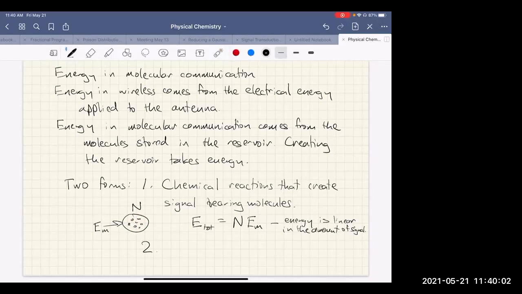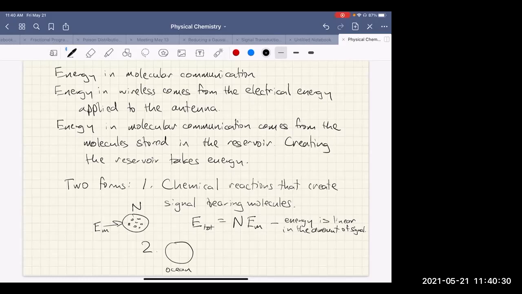I'm going to start in the environment, which will already consist of a solution. Let's say it's salt water. In fact, let's say we're in the sea, in the ocean, and seawater is salty.